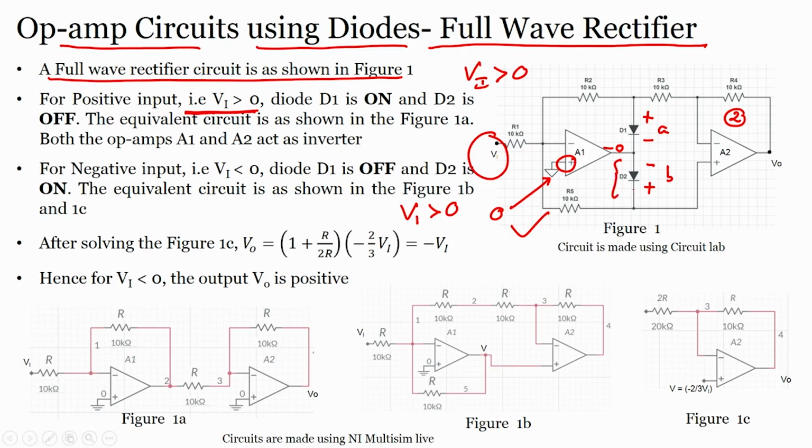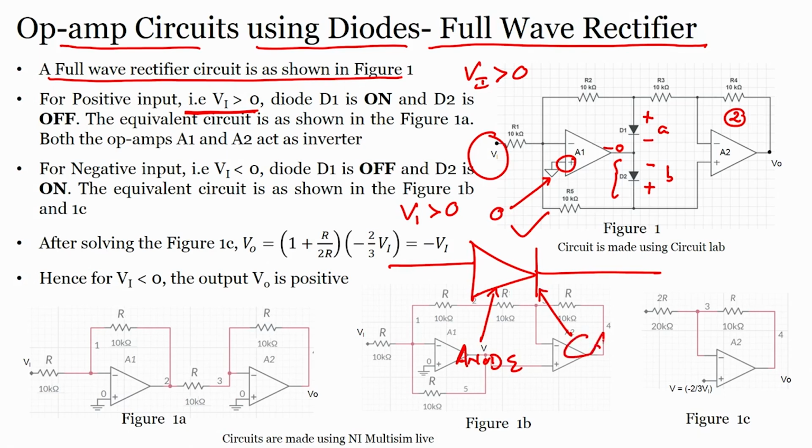To conduct the p-n junction diode, we need to apply positive to the anode and negative to the cathode, right. So, if I draw a diode, this is the anode, and this line represents the cathode.